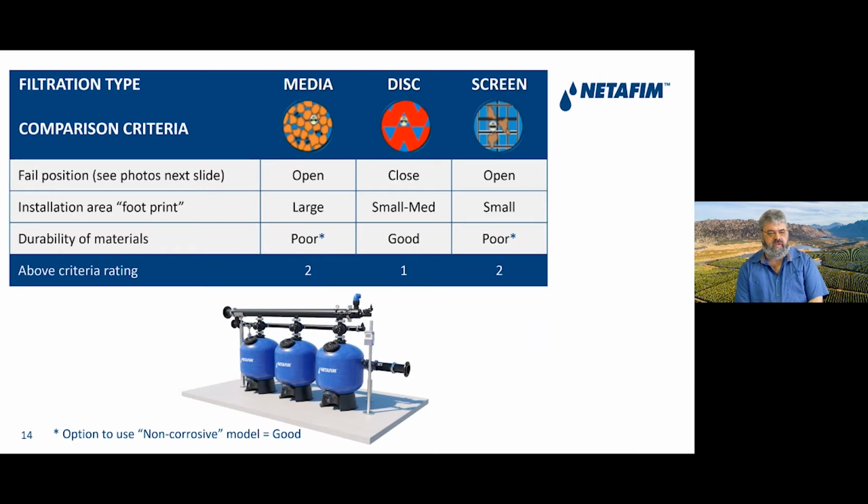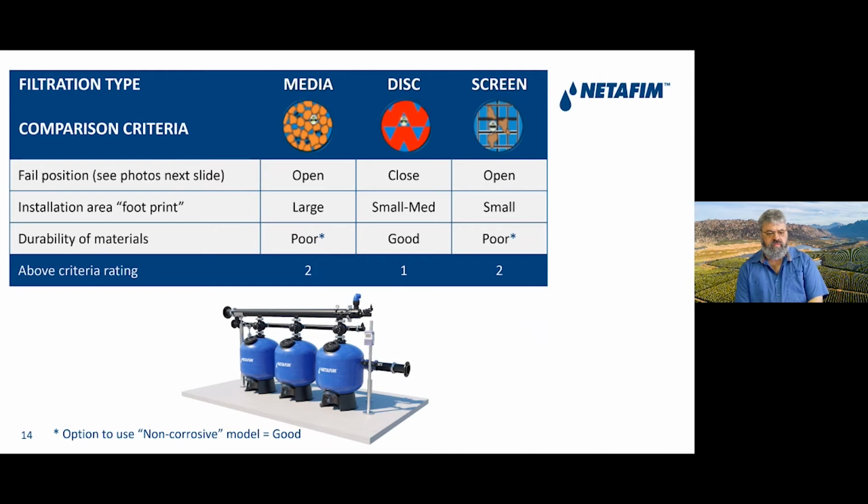The installation area or the footprint: the smaller, the better. In that case, the screen filter is normally the smallest footprint, so it gets a good point. And the media filter, because of the big design, also needs the largest footprint.